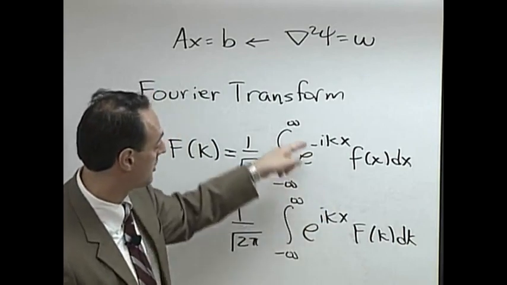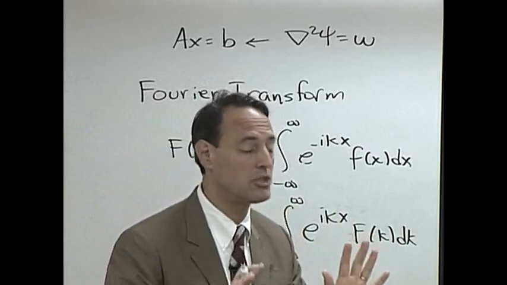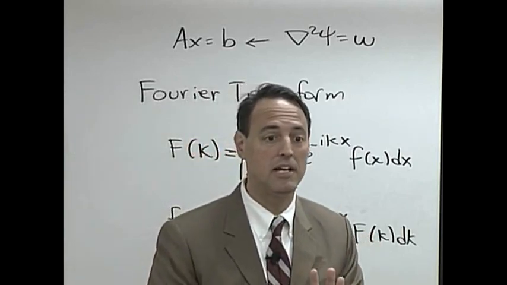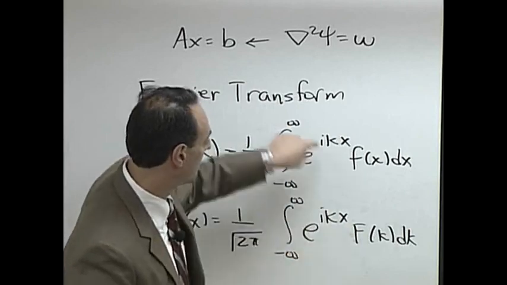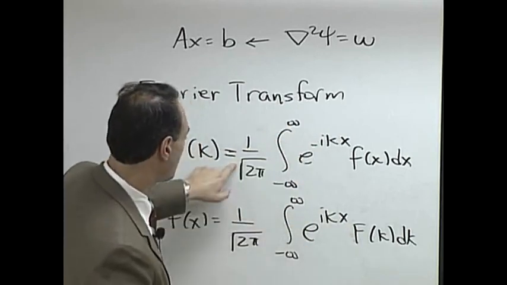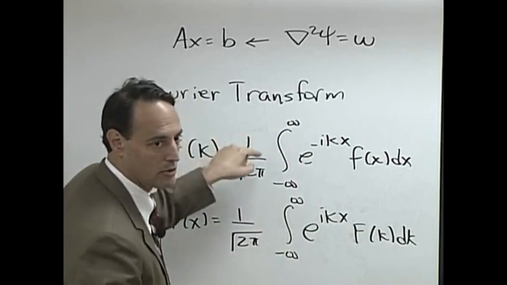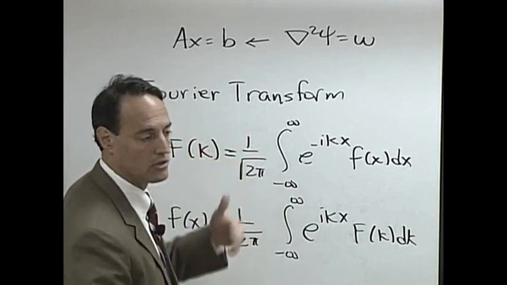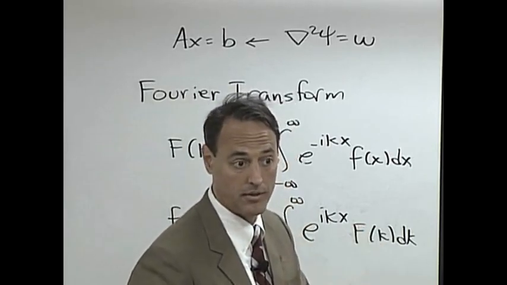Now, notice there's a sign change here. That's minus. This is plus. By the way, the Fourier transform, depending upon which textbook you look at, can be defined in many different ways. Sometimes the minus is here, plus is here. Sometimes the minus is there, plus is there. Sometimes they don't do 1 over square root 2 pi. It's 1 over 2 pi here, or 1 over 2 pi there, and the other one doesn't get anything. So it's not unique. You just have to know, however, which one you're working with.